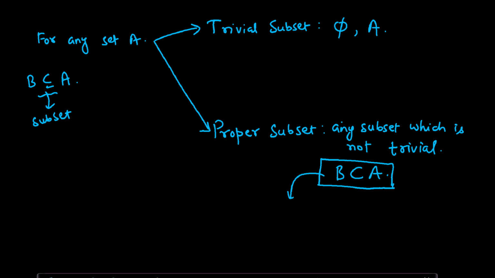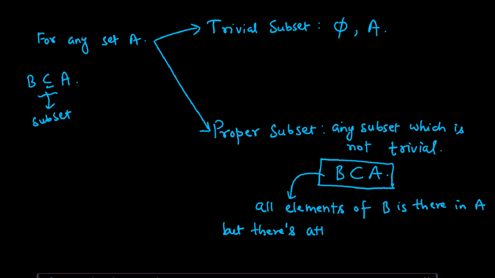It means that all elements of B are there in A, but there is at least one element in A which is not in B.